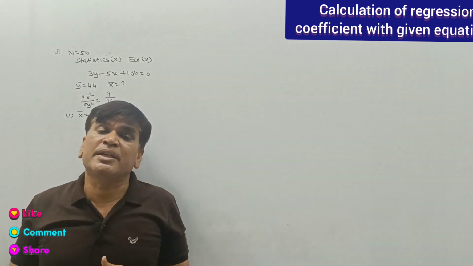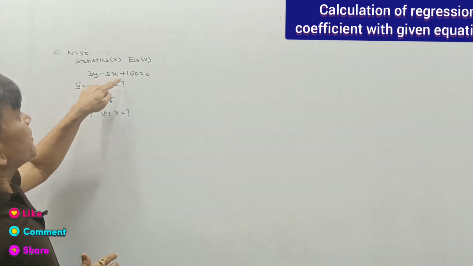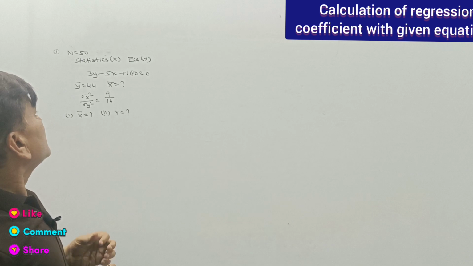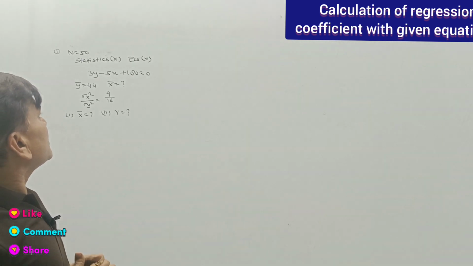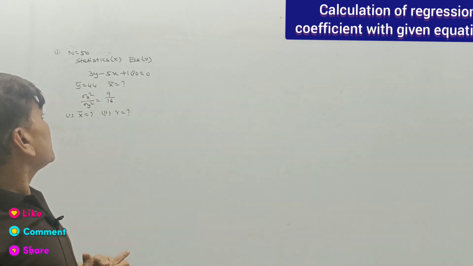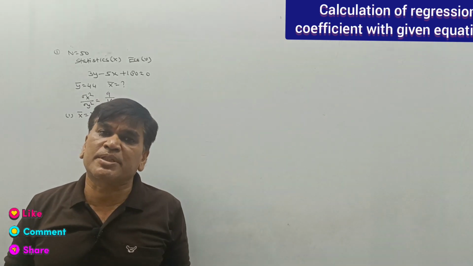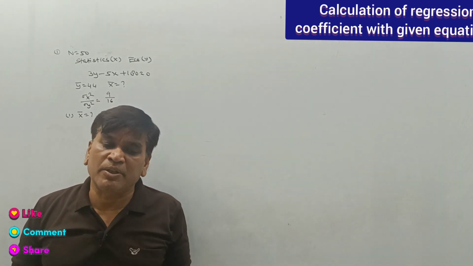This is the x on y equation. Here y bar is given, and we have to calculate the value of x bar. Next, standard deviation x square divided by standard deviation y square is given as 9 upon 16. Then we have to calculate the value of r.